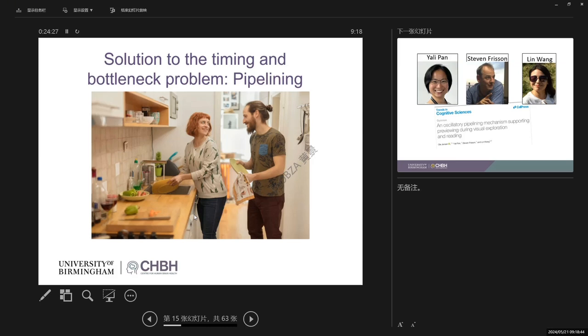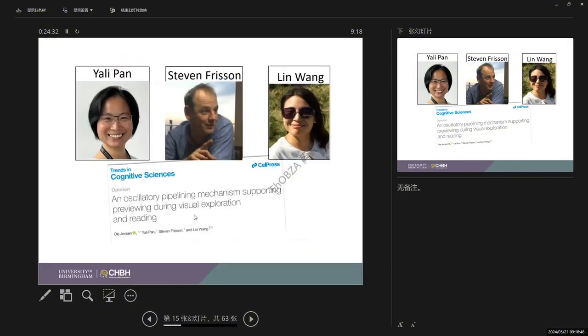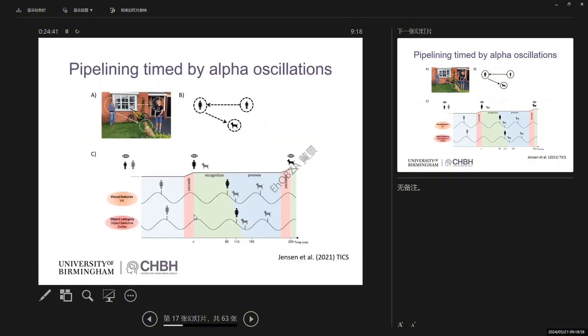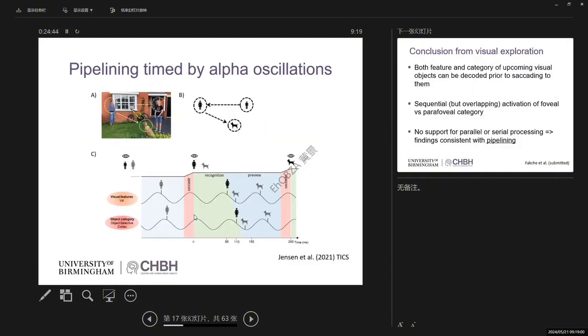So basically this is the notion we think, and we have an opinion paper out in Trends in Cognitive Sciences where we have made these mechanisms explicit. So if you go back to the picture here, if you think about processing the woman and then the dog, what we have proposed is this pipelining mechanism where there's feature processing and category processing, meaning color and category, semantic processing.